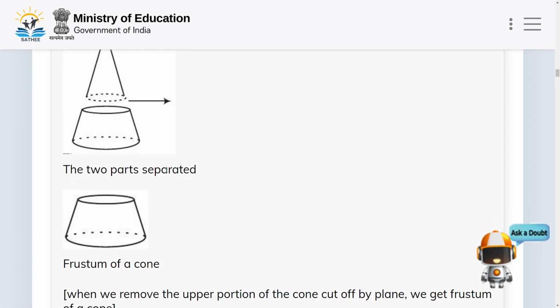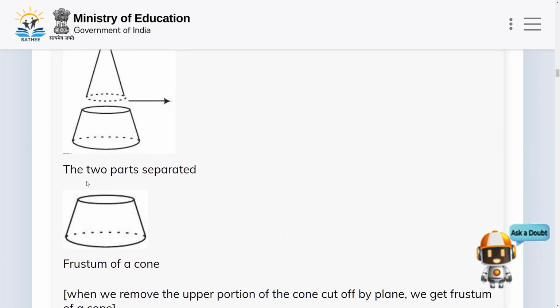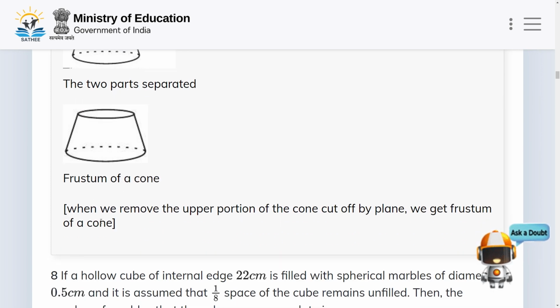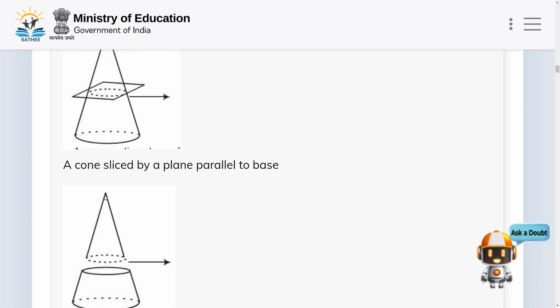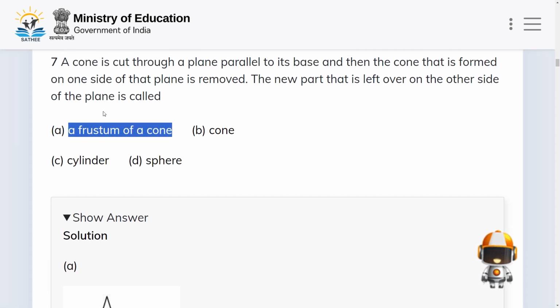The two parts are separated, and we get a frustum of a cone. When we remove the upper portion of the cone cut off by the plane, we get a frustum of a cone. So this must be recalled. So here the correct answer is a frustum of a cone. The correct answer is option A.